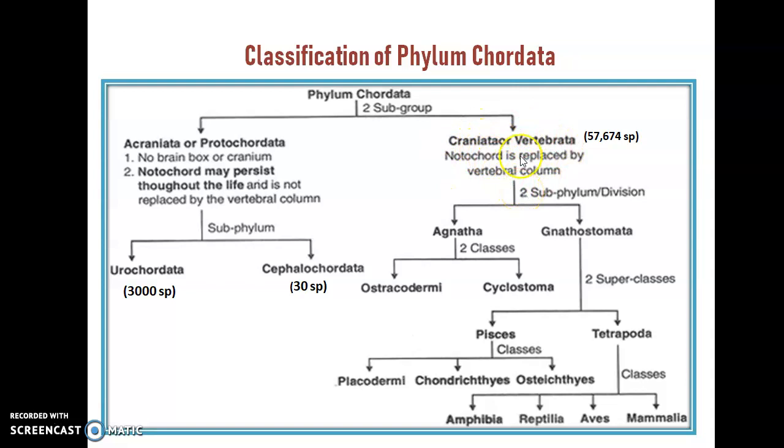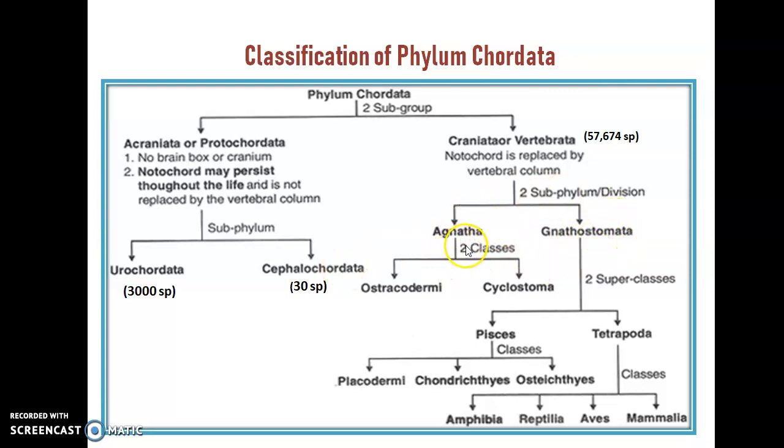This subgroup has been divided into two subphyla, Agnatha and Gnathostomata. This differentiation is mainly due to the presence or absence of jaw. Agnatha means jawless vertebrates, and Gnathostomata means jawed vertebrates.